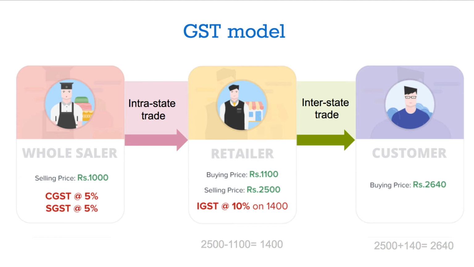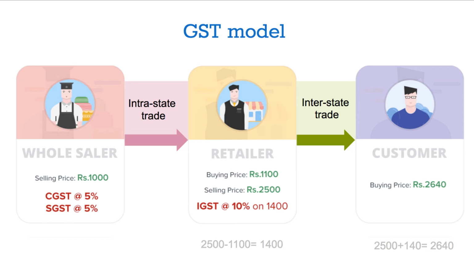And so the final price of purchase for the final customer is going to be 2,640, which is nothing but 2,500 plus 140, so 2,640. So this is how the difference lies with the current indirect tax model and the GST model.